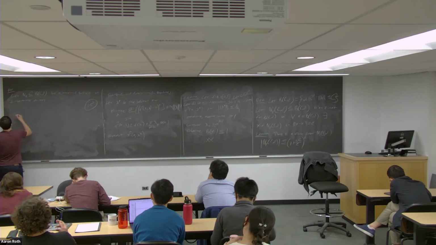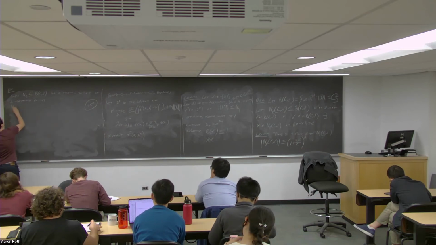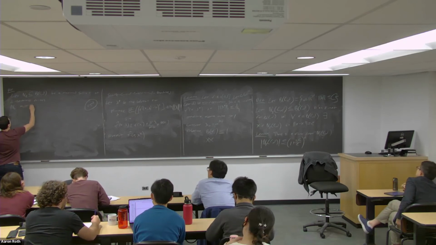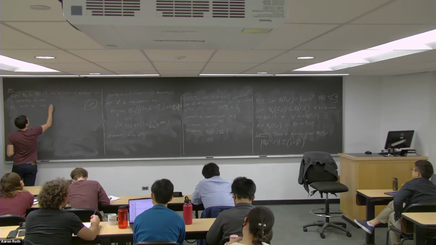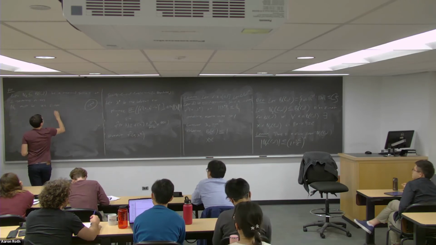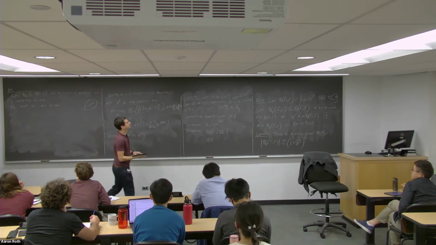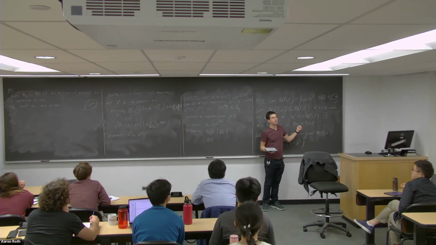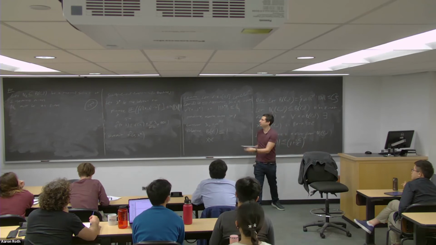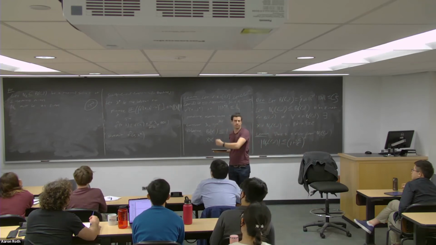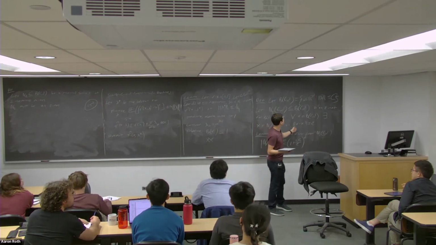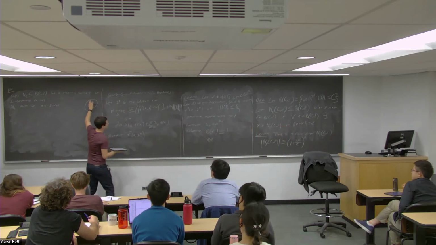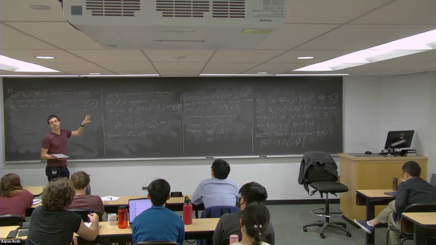Okay, so note that this thing must be an epsilon net. Why? Well, if it wasn't an epsilon net, that would mean that there was some point that was epsilon far from every single thing in here. Being an epsilon net means whatever point in the ball you show me, I can snatch out for you a point in my net that's epsilon close to it.